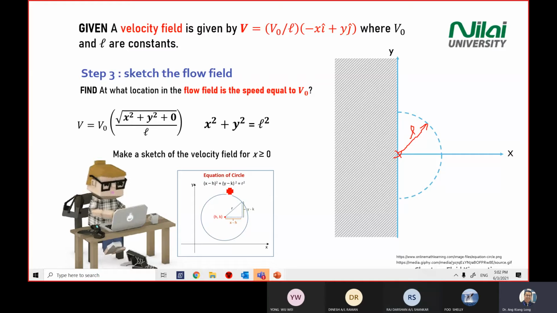Same with k, you must get 0. Then h and k is the center of the circle, so it must be at the origin. That's why we draw at the origin. Then what is the r? r is the radius. If you compare this equation and this equation, r equals L. Oh, okay, sir. I get it, sir.